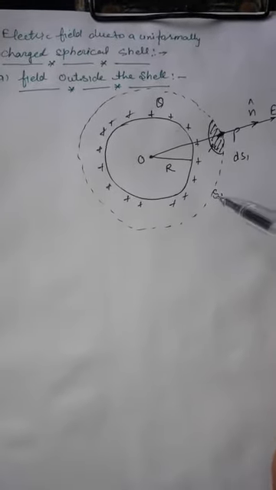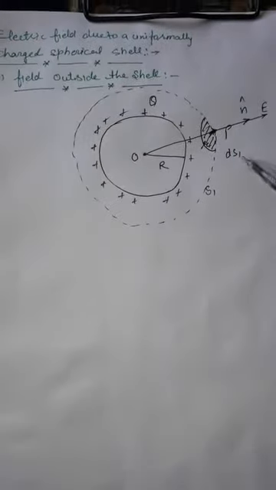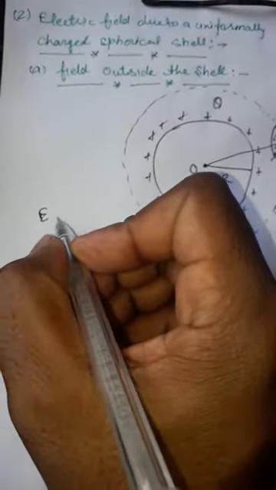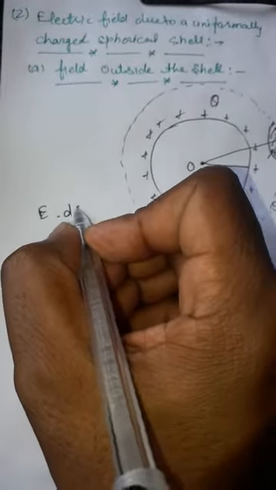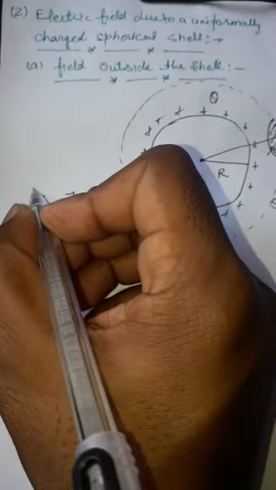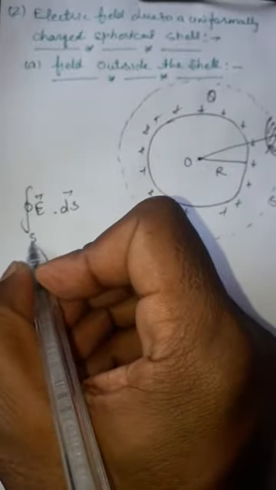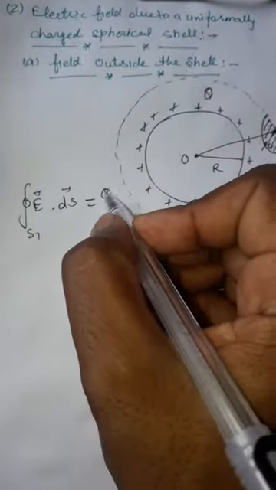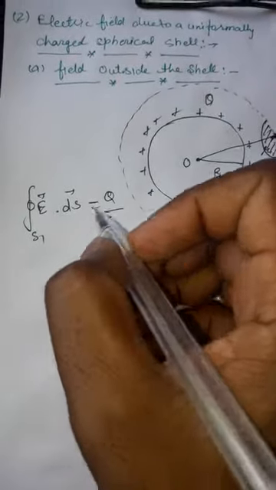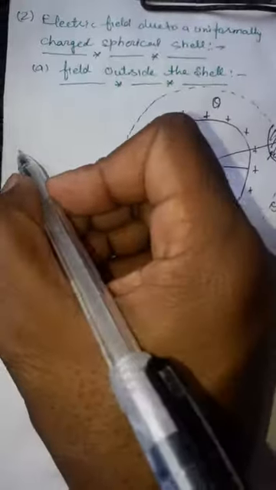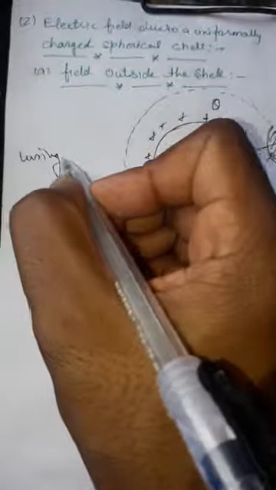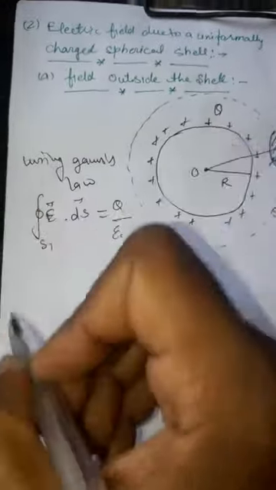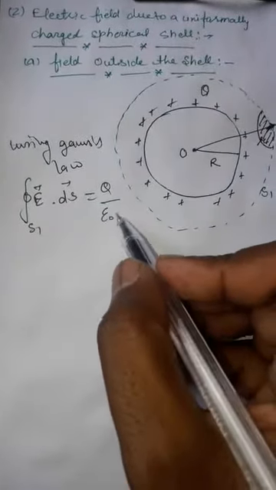So if we calculate the flux through this surface S1, it must be equal to the integral of E dot dS over surface S1, which must be equal to q upon epsilon naught. This is the Gauss theorem or Gauss law. Say it is equation 1.